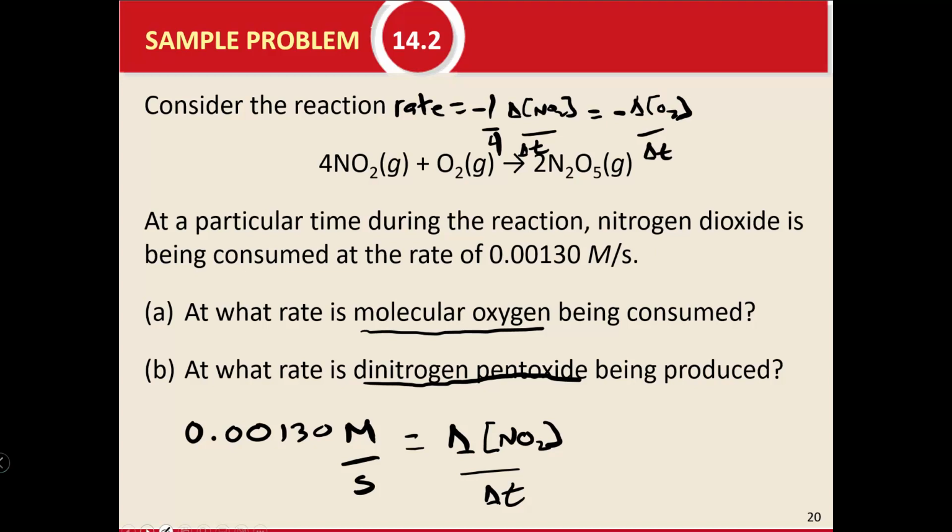And again, these are both negative because they're both reactants. Then I would write 1/2 the change in concentration of dinitrogen pentoxide over the change in time.